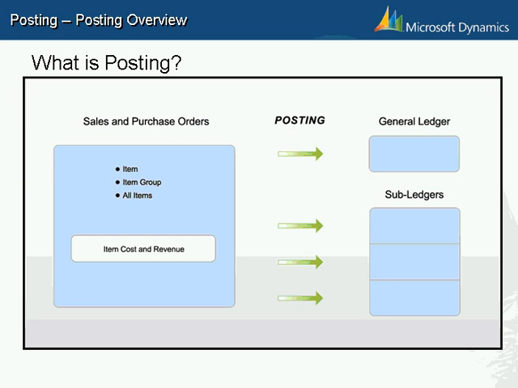Post the inventory cost of sales activity or both to the general ledger and sub-ledgers. Profiles for posting to the general ledger can be set up for one item, an item group, and all items at the same time.